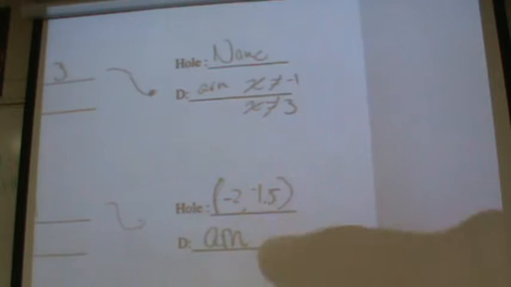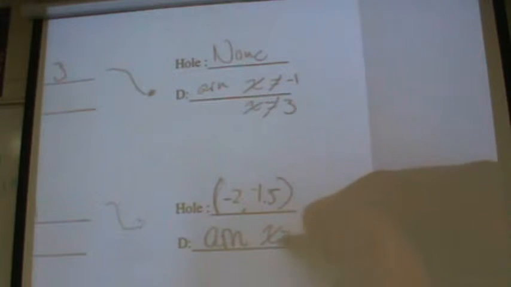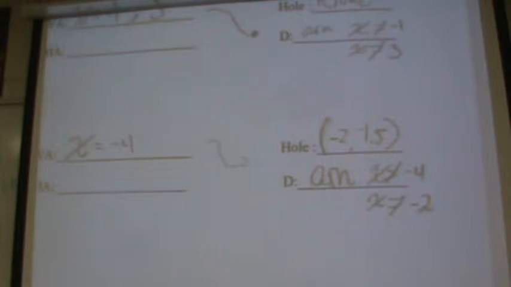All real numbers, x cannot be -4, and x cannot be -2. Because that's what the hole is. It's saying you can't have a point at -2, so you have to include it in your domain.